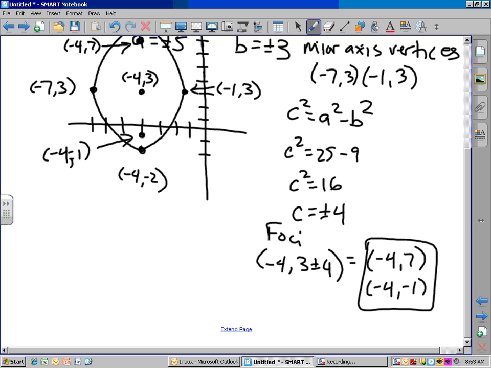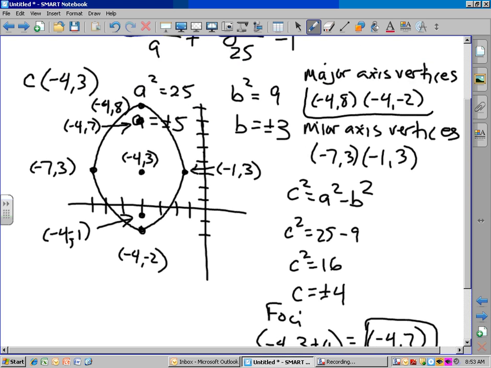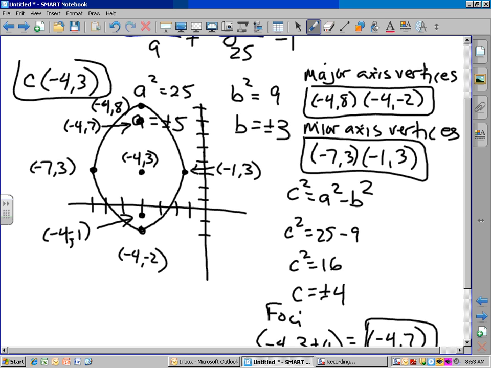So we have foci, major axis vertices, minor axis vertices, the center. I don't think there's much else you can do with that. I think we found everything. And we graphed it along the way. Okay, are there any questions at this point in time?